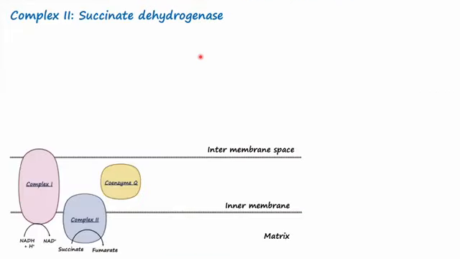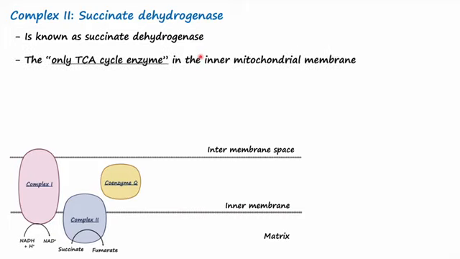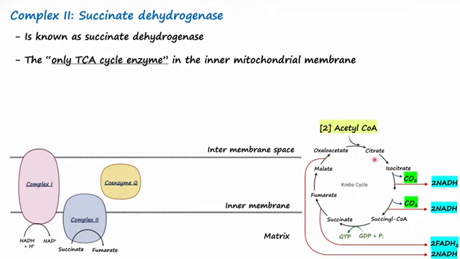Now let's talk about complex 2, which is succinate dehydrogenase. As the title says, it is known as succinate dehydrogenase, and it is the only TCA cycle enzyme in the inner mitochondrial membrane. Let me remind you that when acetyl coenzyme A is oxidized to carbon dioxide, one of the steps of the TCA cycle is to convert succinate into fumarate, and during this process FAD is reduced to FADH2.